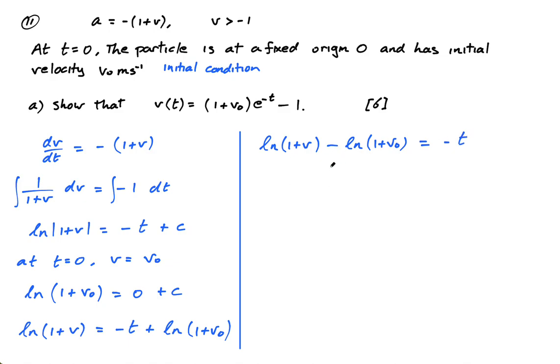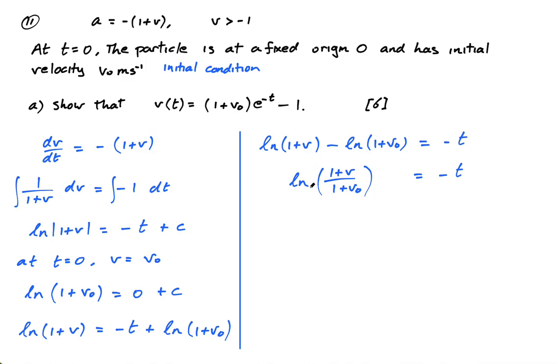Joining them together using the second rule of logs, I can say this is equal to ln of 1 plus v over 1 plus v0. This is equal to -t. Then I want to get rid of this natural log. How do I do it?